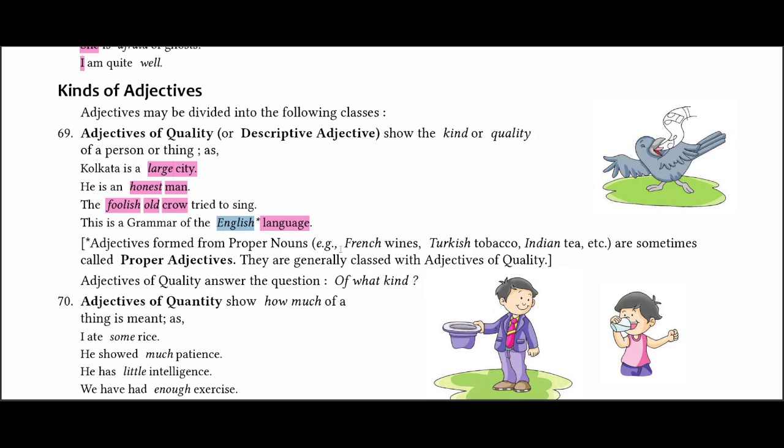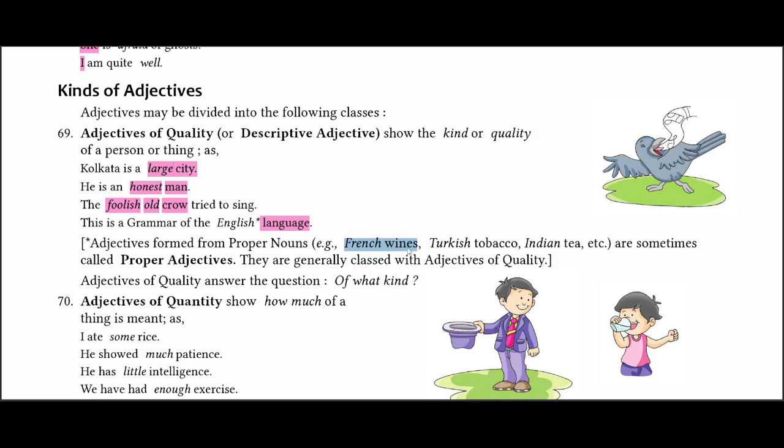Now, adjectives are also formed from proper nouns. France is a proper noun. Turkey is a proper noun. India is a proper noun. And from these proper nouns, we can form French wine.